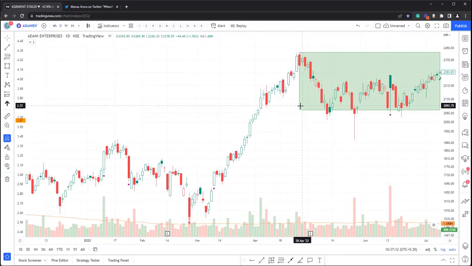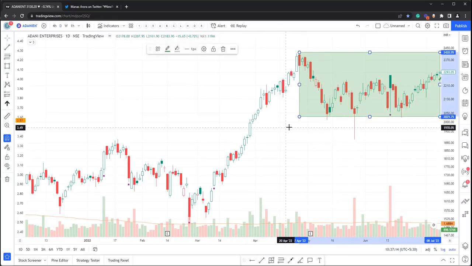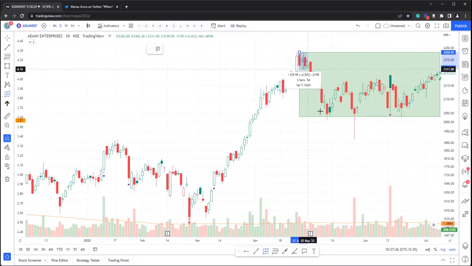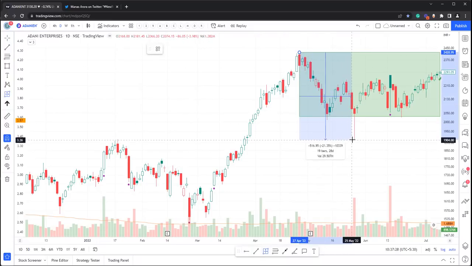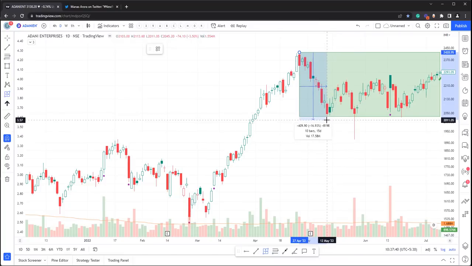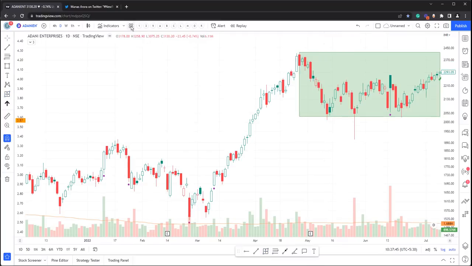Within this base, let's first study the depth of this base. It is 21%. It corrected only 21%. Before this was a very shallow correction, only 14%.